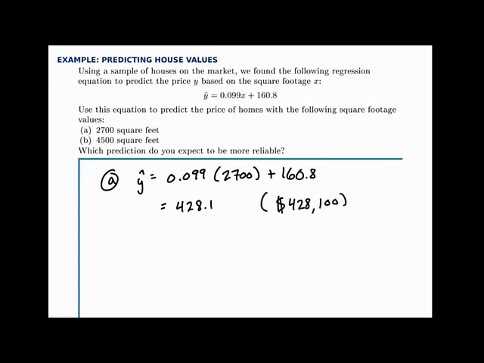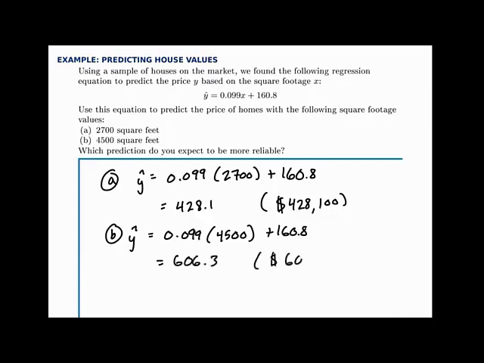And that technically means that the average house price we would expect for all the houses that are 2,700 square feet would be $428,000 approximately. And then in the second case, we can make a similar prediction for houses with 4,500 square feet. And that works out to just over 600,000.